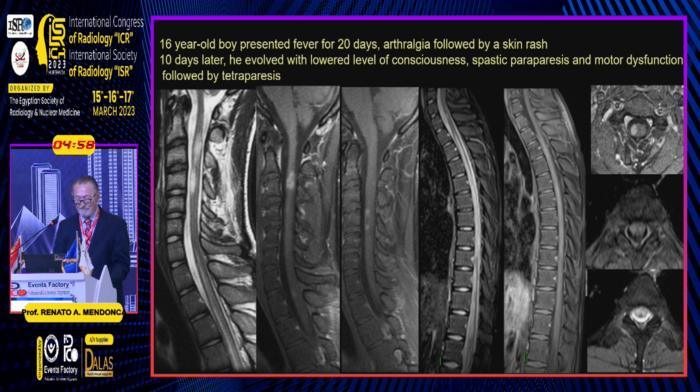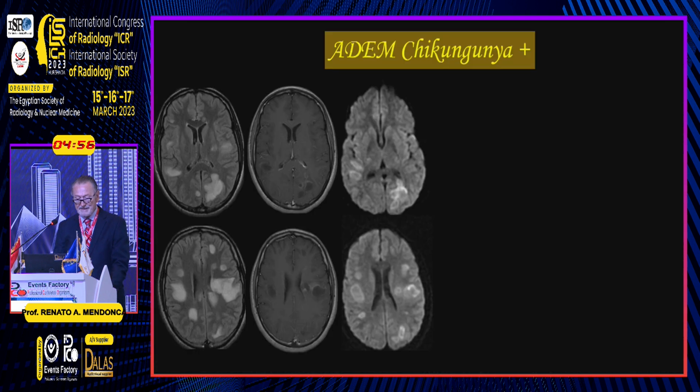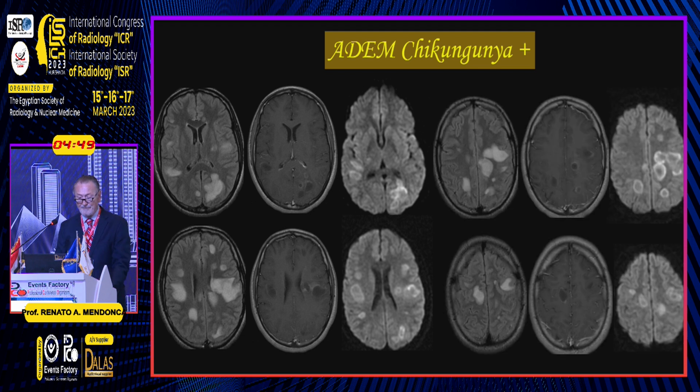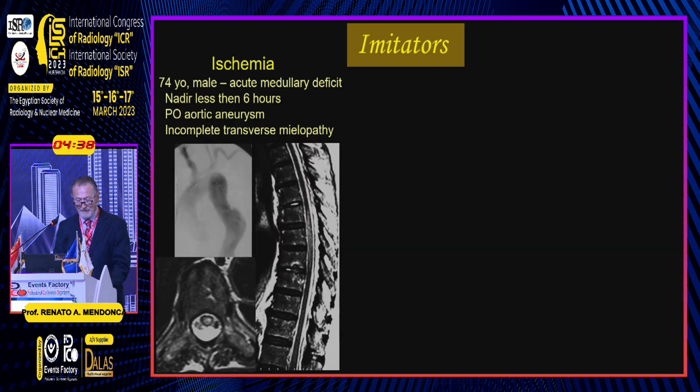It could be a virus itself, and it was a patient with chikungunya positive virus, but the findings are typical of acute demyelinating encephalomyelitis. So always we have to be considering the lesions and clinical and laboratory data.